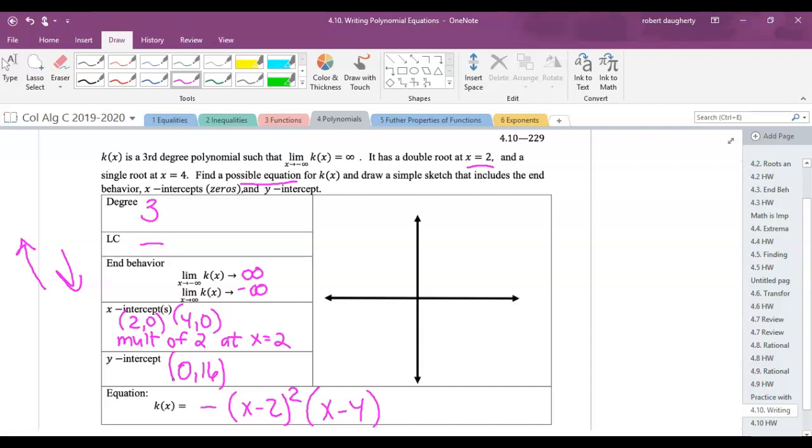So to graph this guy, up here is (0, 16). And then what happens at the 2 and the 4? So I cross at 4, and I do not cross at 2.